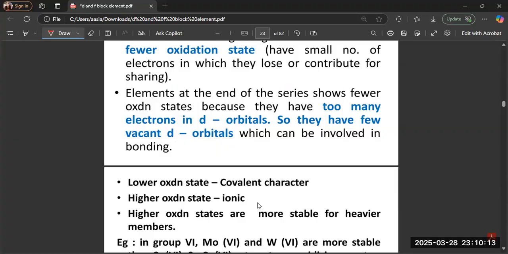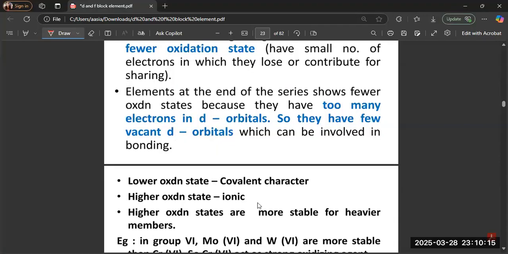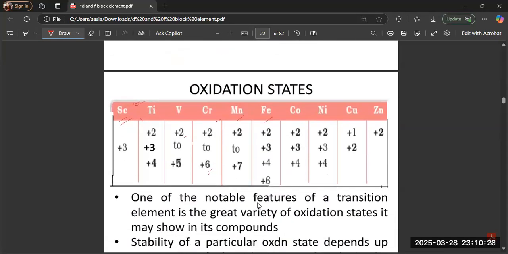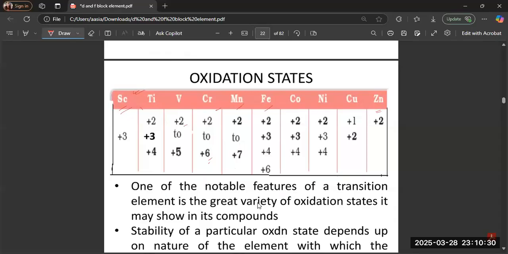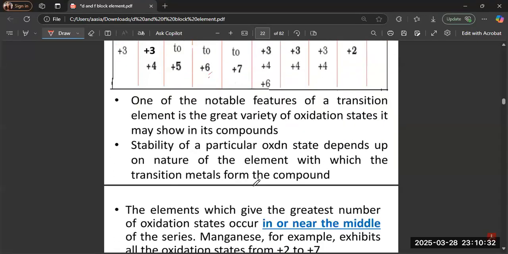Elements at the end of the series also show fewer oxidation states because they have too many electrons in d orbitals, so they have few vacant d orbitals which can be involved in bonding, like in the case of zinc. It shows only +2 oxidation state.